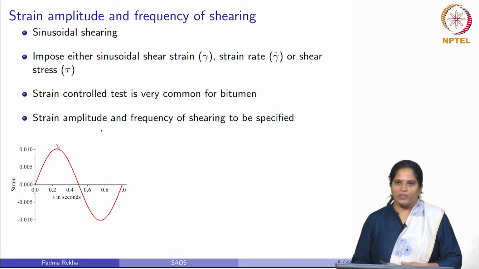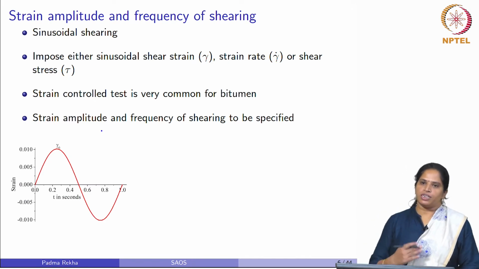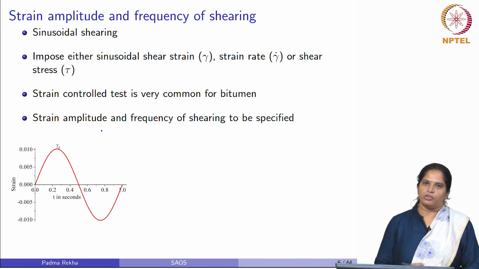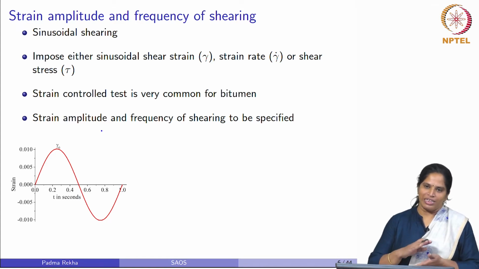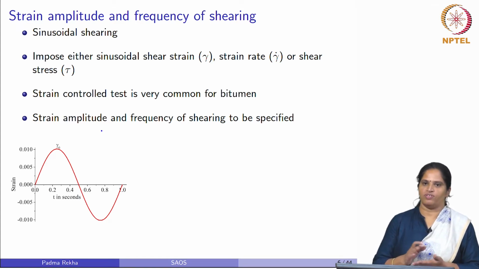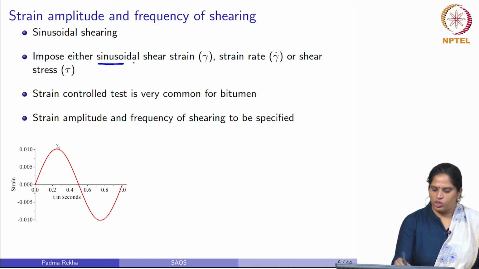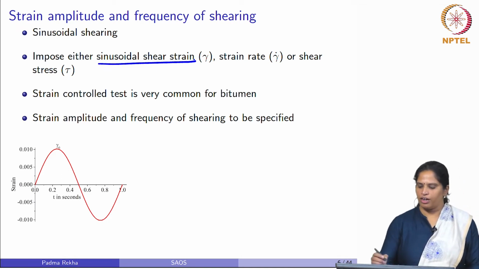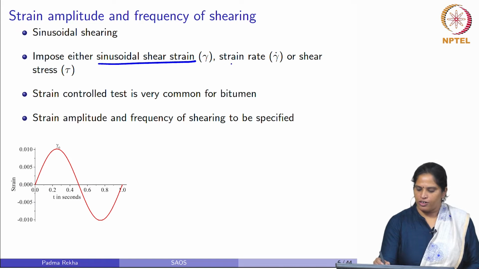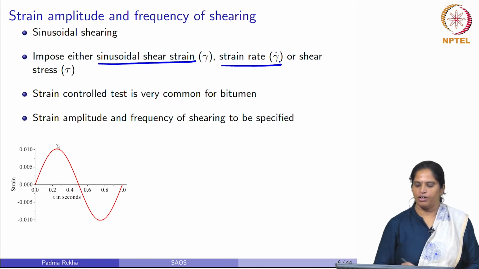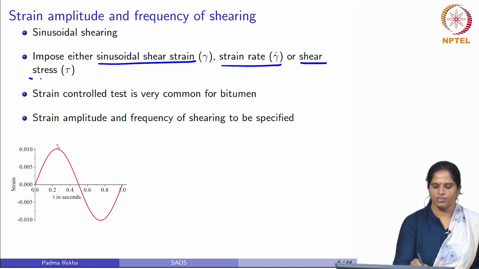So, by oscillating the top plate, we are subjecting the material to a sinusoidal shearing. You can control the speed and the deflection of an oscillation, so that we will get a controlled sinusoidal shear strain, or controlled sinusoidal shear rate, or controlled shear stress.